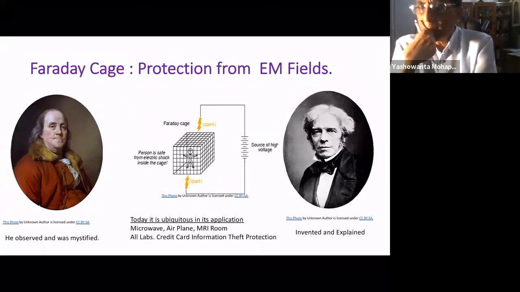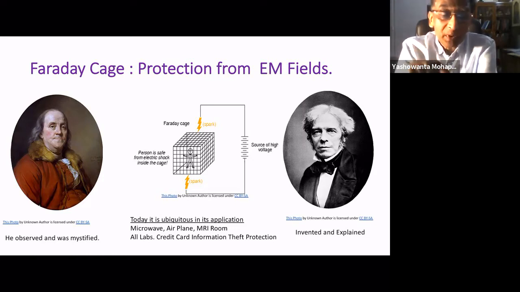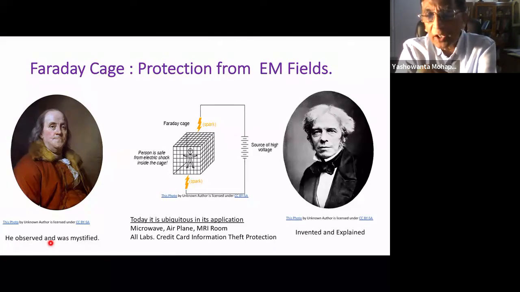And that question actually worried a lot of people. For example, Benjamin Franklin observed that when he put a cork into a metal can, it got attracted outside but not inside, which means in a metal can, which at that time was called a lead-in jar, all the charge was outside the metal, and he was mystified.